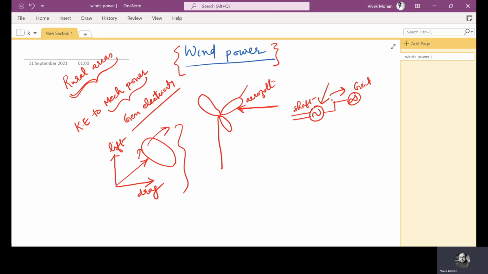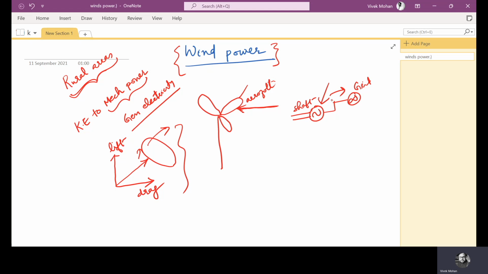Now, large turbines are connected to utility power networks and some other type of generator. When large turbines are connected to utility power networks, then at times of low wind speeds, the wind power output will be less. So some other type of generator should pick up the load when there is no wind. But small turbines are connected to diesel or electric generators, or sometimes have a battery to store the extra energy they collect when the wind is blowing hard.